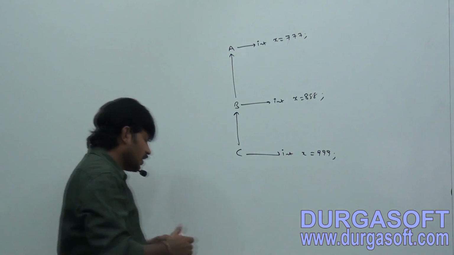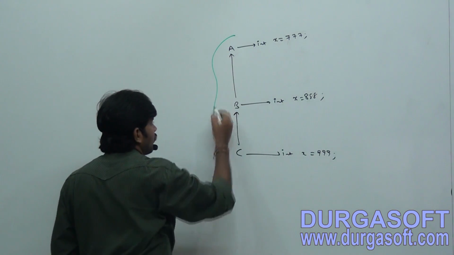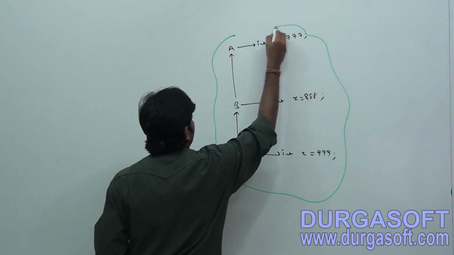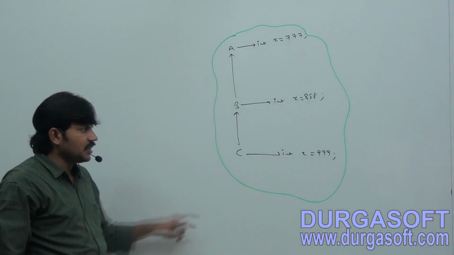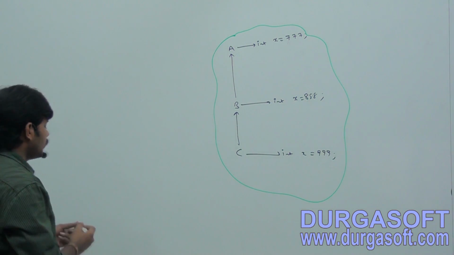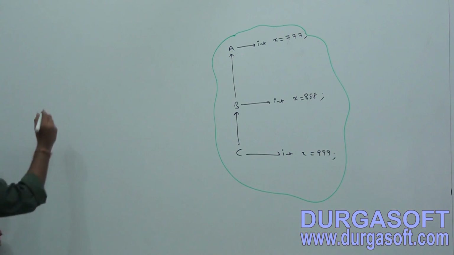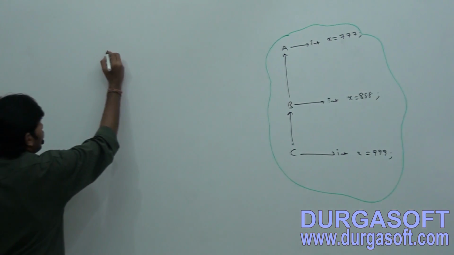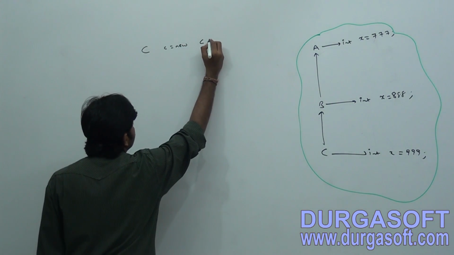Are you getting? A int x, B int x, C int x. Now my target here is A, B, C. Now I'm creating C is equal to new C.